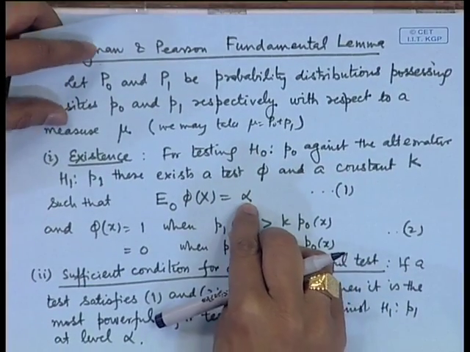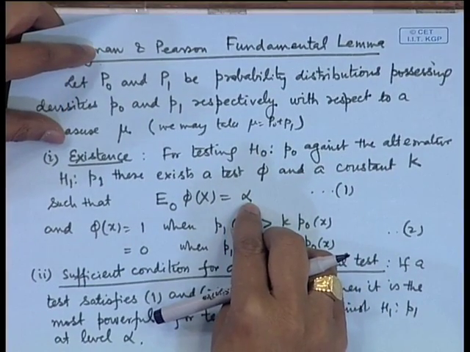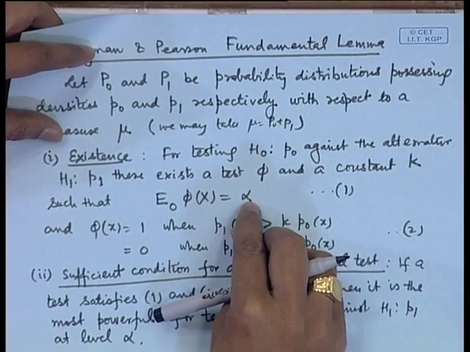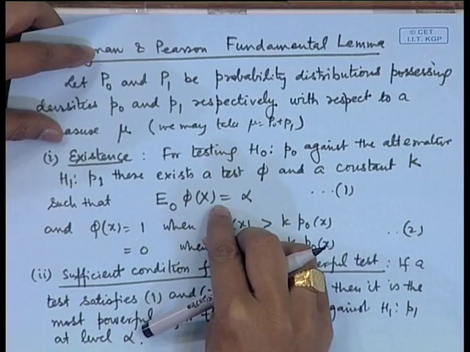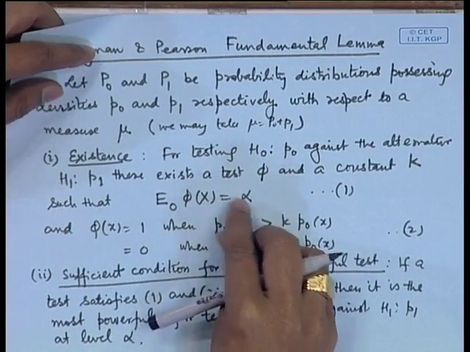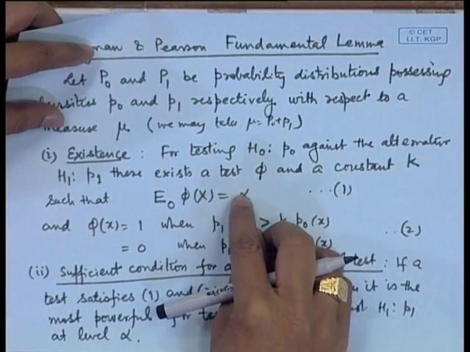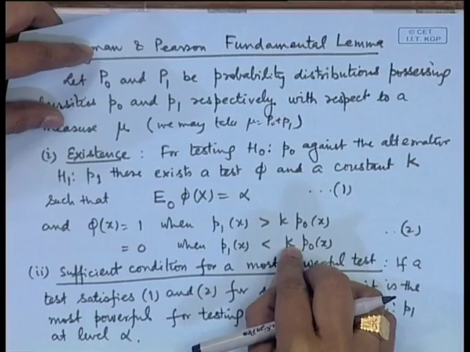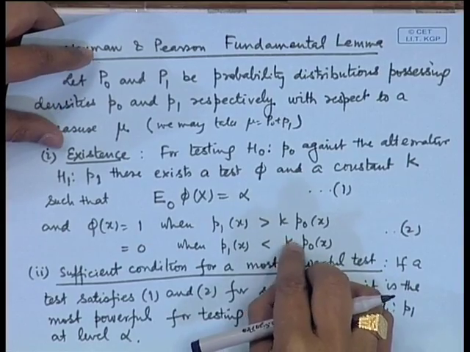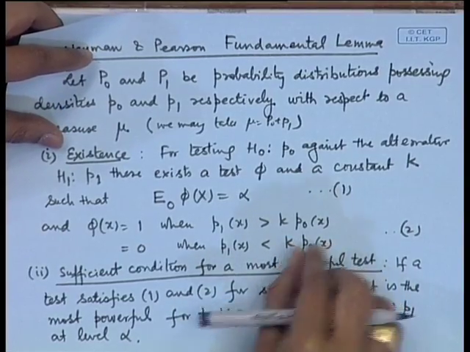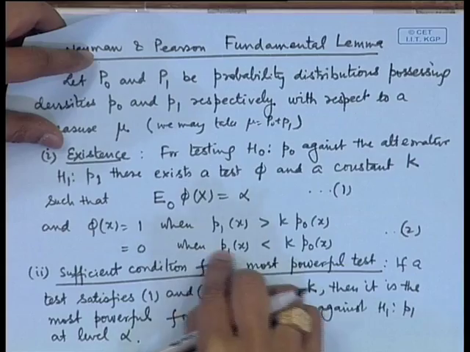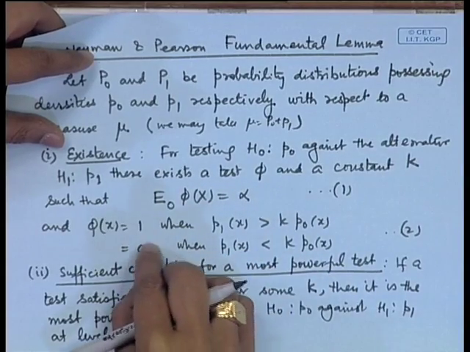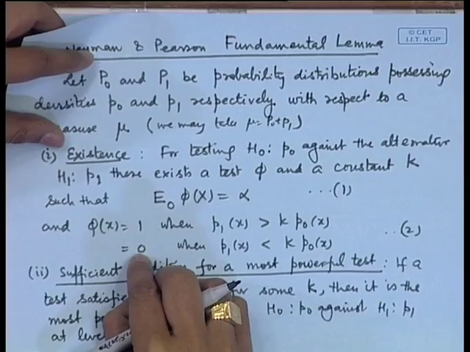When alpha is equal to 0, that means I want the probability of type 1 error to be 0. When will that happen? That means we should never reject. If we do not reject, then this value should be infinity. If this is infinity, then the right hand side is infinite. That means this condition, p 1 x less than infinity, will always be true, and therefore you will always be accepting H naught.